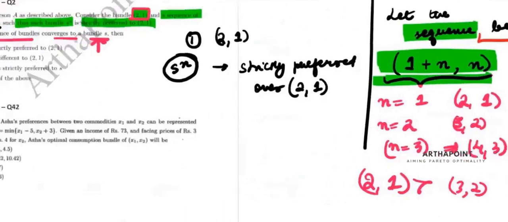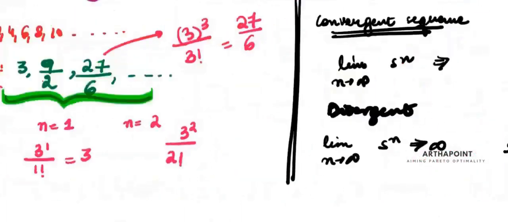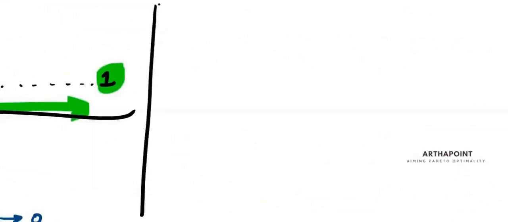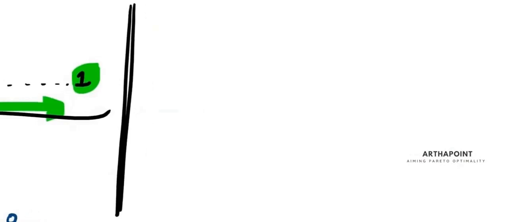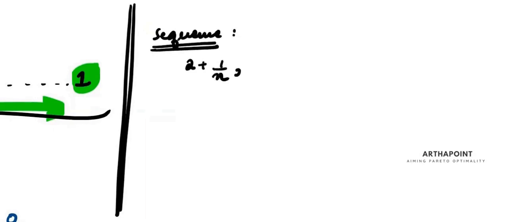So take a sequence which has n in the denominator, such that when I apply infinity to it, anything by infinity becomes 0. Let's say this sequence is 2 plus 1 by n, comma 2.